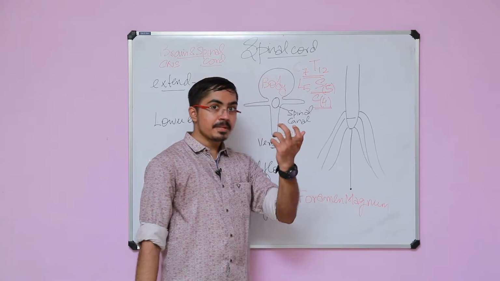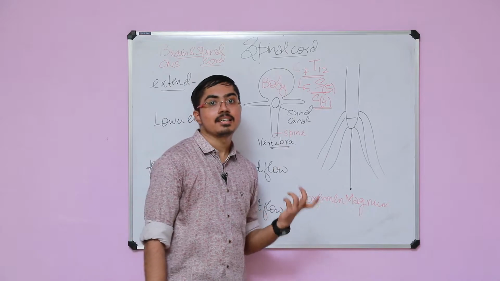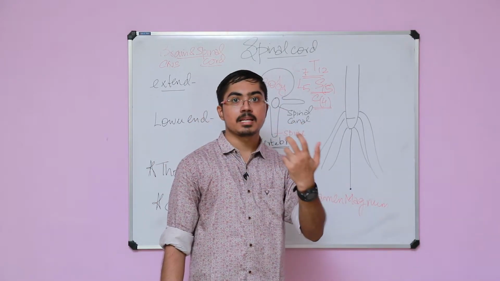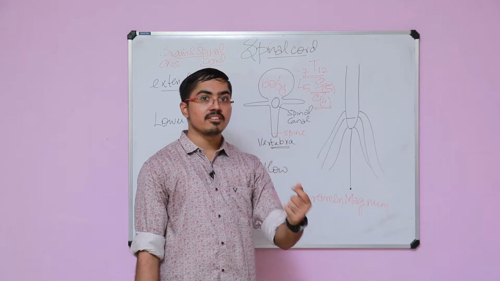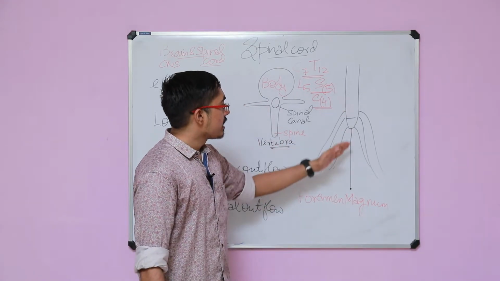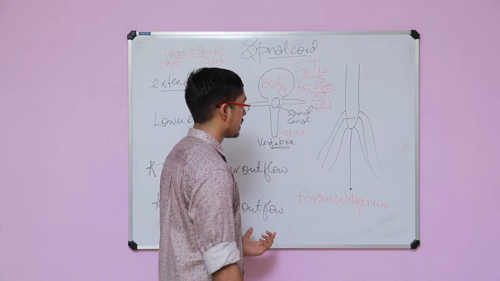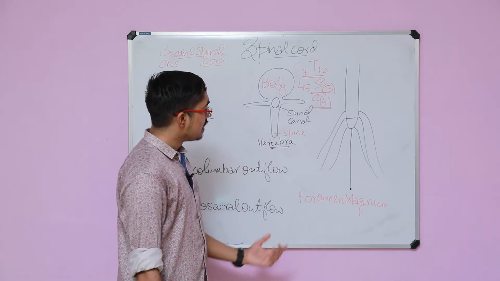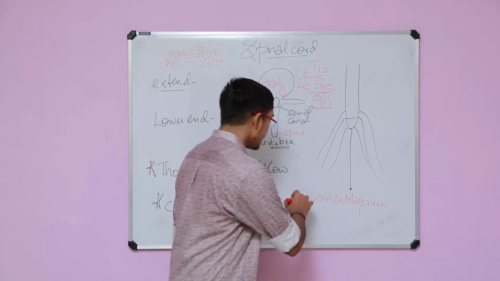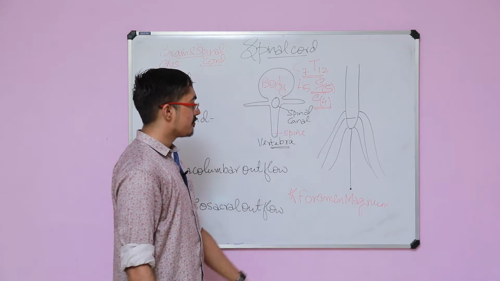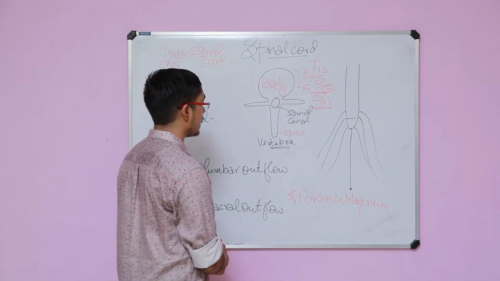See, the midbrain and the hindbrain, as per the NCERT, are called the brain stem. So in the hindbrain you will have the cerebellum, pons and medulla oblongata. This medulla oblongata will be coming out as the spinal cord through the foramen magnum. So the question is, what is the content of the foramen magnum? Is it spinal cord or medulla oblongata? It is medulla oblongata. So the content of the foramen magnum is the medulla oblongata, and once it comes out of the foramen magnum, then it becomes the spinal cord.